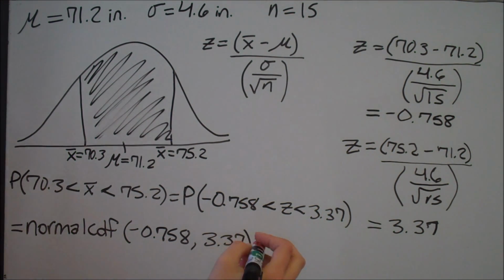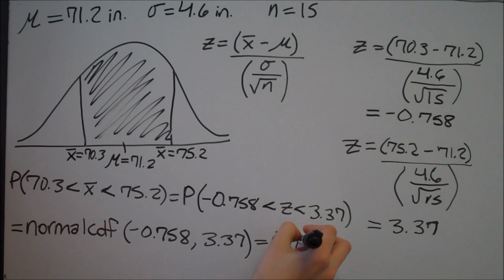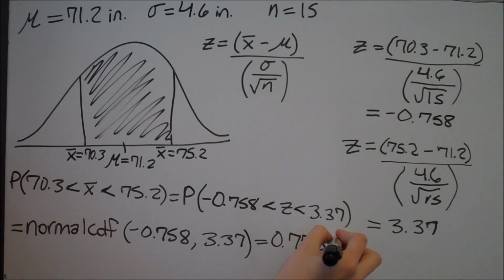And when we calculate that, we should get the probability as 0.7754.